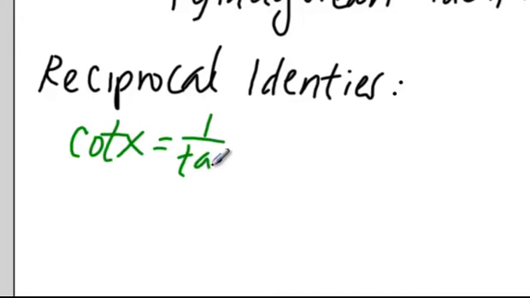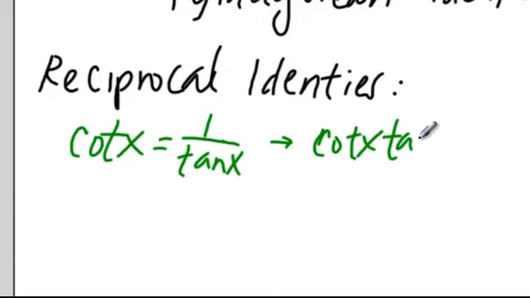Cotangent is 1 over tangent. And you'll see a variation of this that looks like cotangent times tangent equals 1. Hence, all you do here is multiply both sides by tangent, and you get cotangent times tangent equals 1.